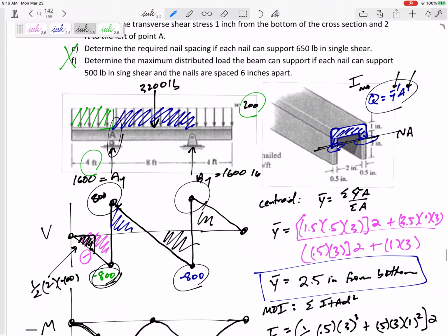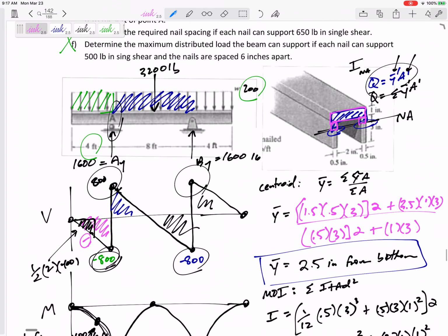So I'm going to say Q is the summation of y bar prime, A prime. I'm going to break this up into 3 rectangles. I'm going to do the y bar prime for one times its A prime, plus the y bar prime for another times its A prime, plus y bar prime for another times its A prime.